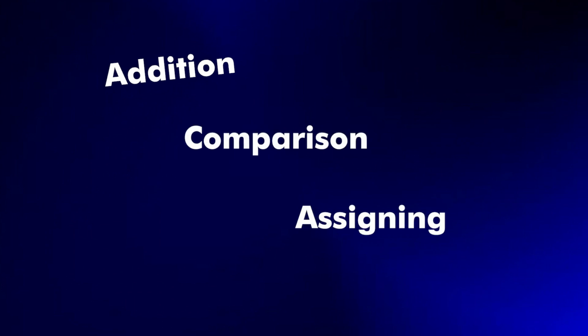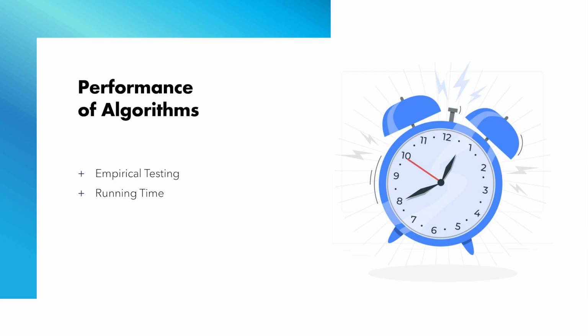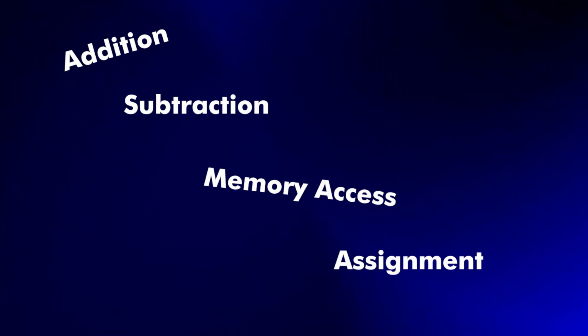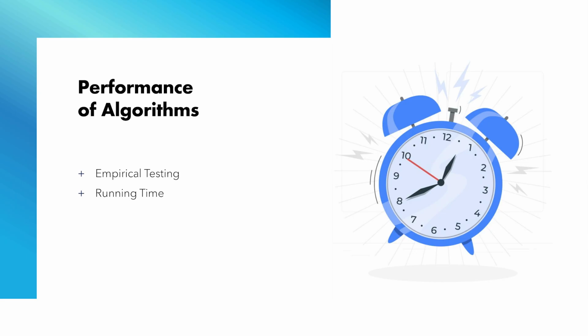These are operations like adding two numbers together, comparing two values, or even assigning a value to a variable. But there's an assumption here. We assume that each basic operation like addition, subtraction, memory access, or assignment takes a constant amount of time. This means that assigning a value to a variable, performing addition, or any other basic operation are treated as if they take the same amount of time.